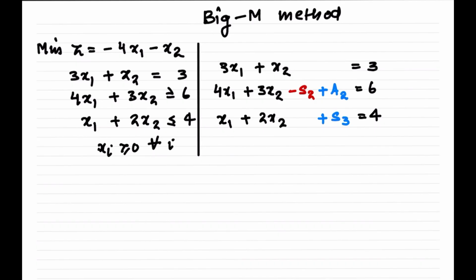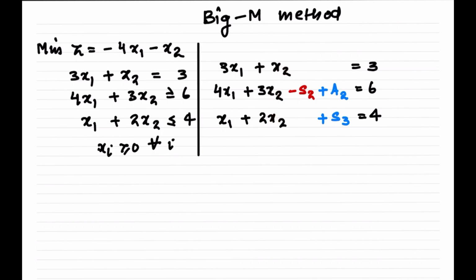We need 3 basic variables to start our simplex table. One of them is A2, the other is S3, but we need one more. Can x1 start? x1 is in all 3 constraints, so just leave it. x2 is in all 3 constraints, so we can leave it.